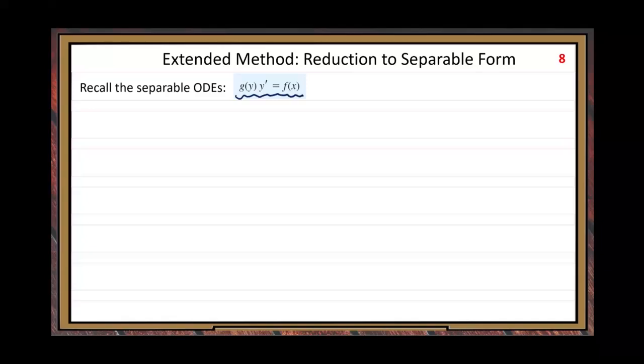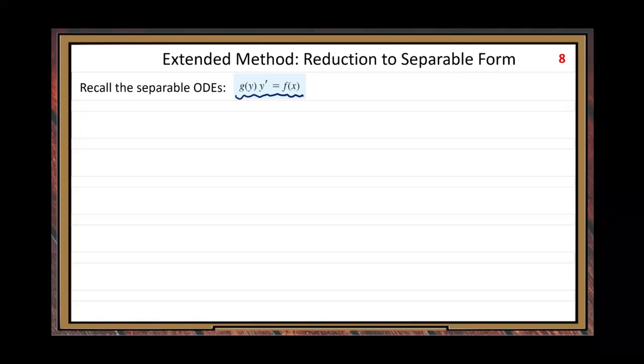Here you can see the two sides of the equality. The left-hand side contains all the terms involving the y variable. The right-hand side contains all the terms containing the x variable. So these two variables are separated when we write the equation.